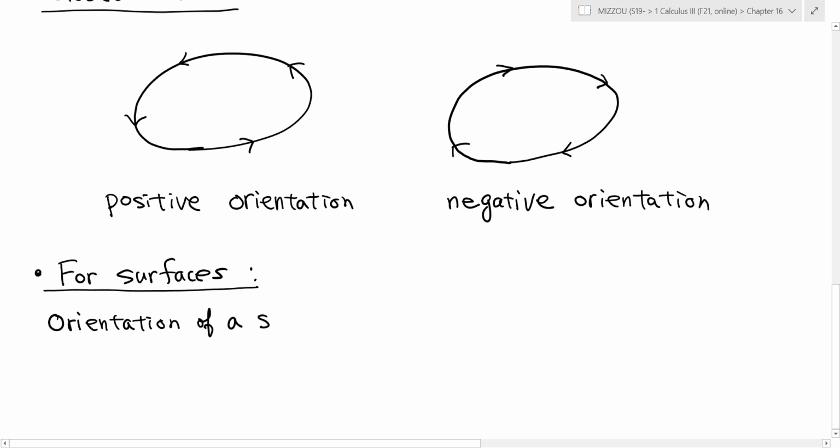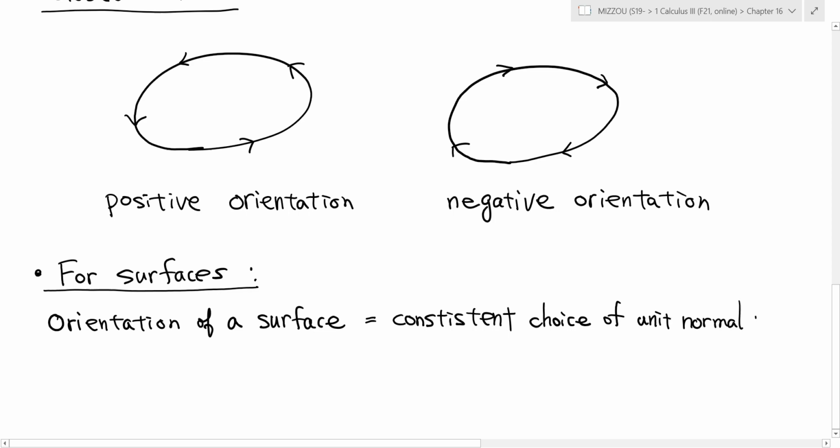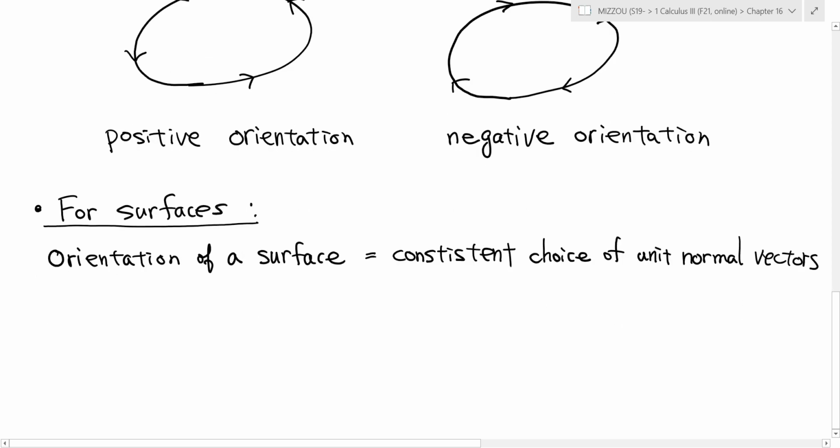An orientation of a surface is a consistent choice of unit normal vectors on the surface.